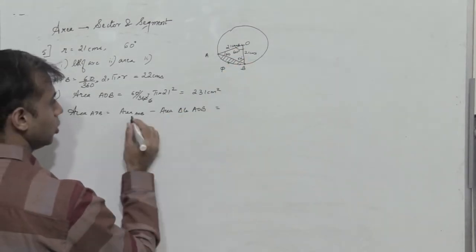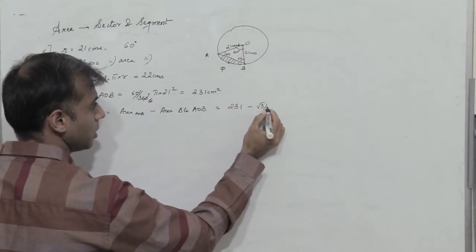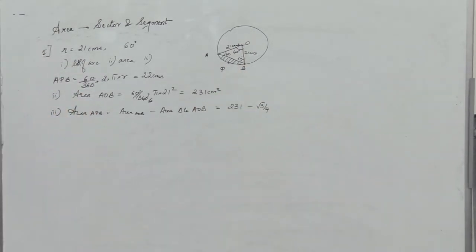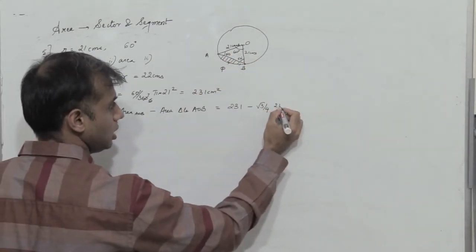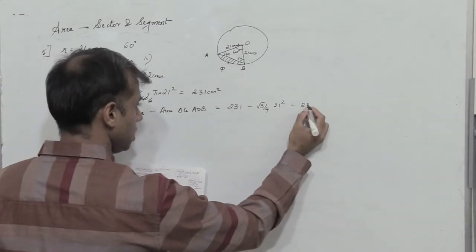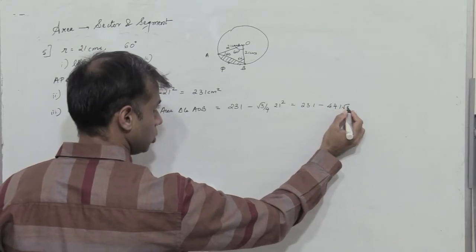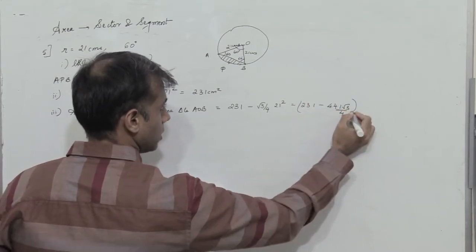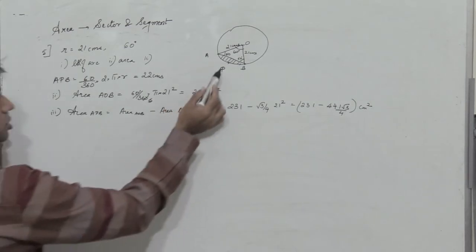So the area of this is 231 minus root 3 by 4 into a square. The side of the triangle is of course 21, so 21 square. So this gives us 231 minus 441 into root 3 by 4 centimeters square. So this is the area of the shaded region.